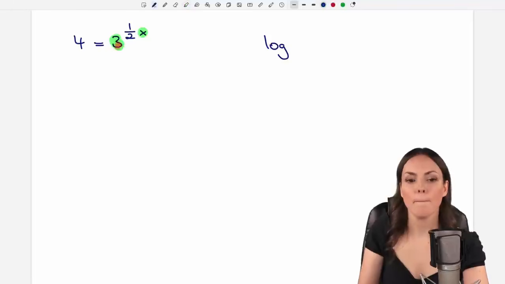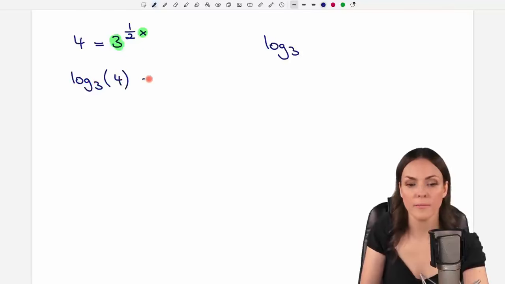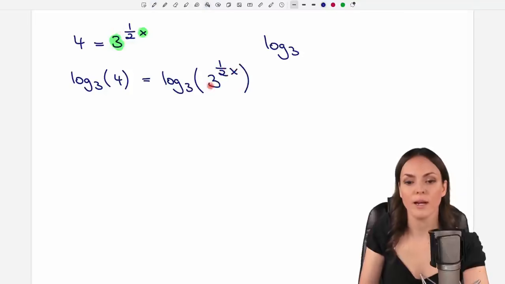So log base 3 is what I'm going to apply on both sides of the equation now. So I have log base 3 of 4 on the left side. The same on the right side, I have log base 3 of this whole thing here, so I have to write everything inside my logarithm.